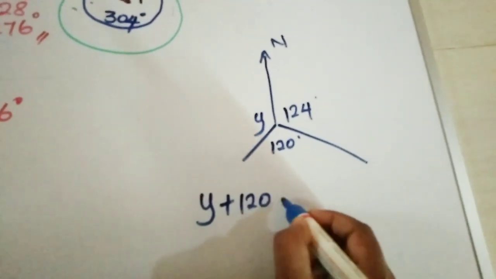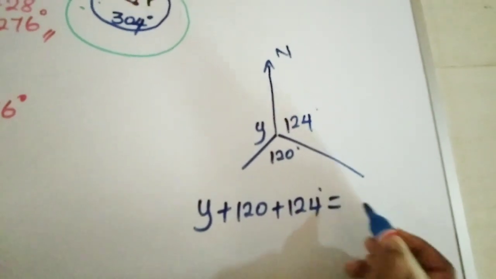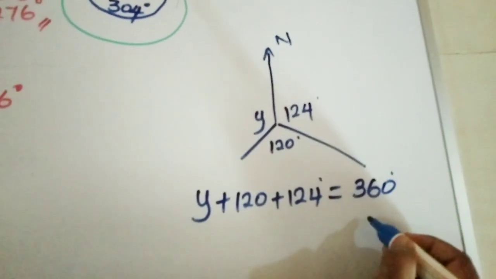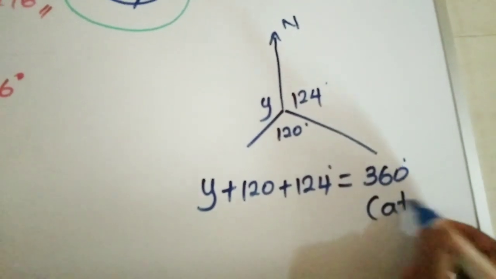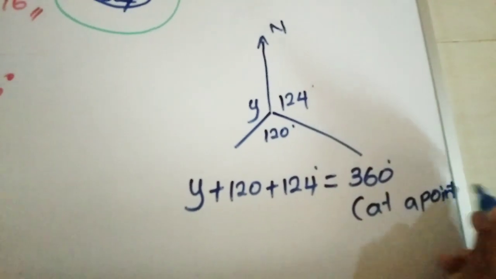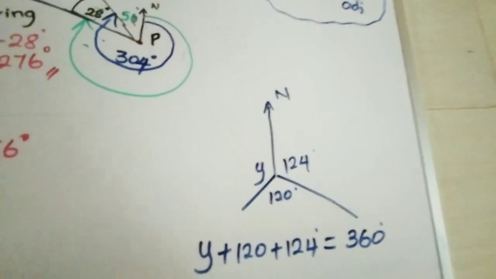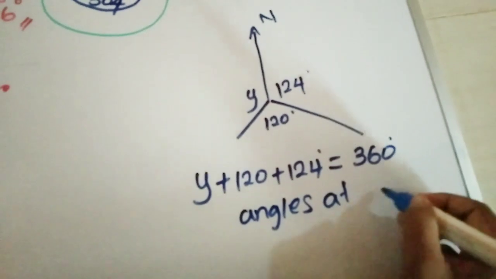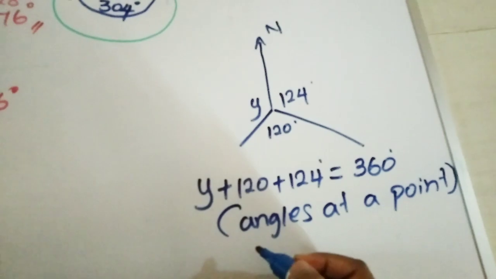According to the theory, y plus 120 plus 124 is equal to 360. What's the reason? Angles at a point add up to 360. The reason is angles at a point. Okay.